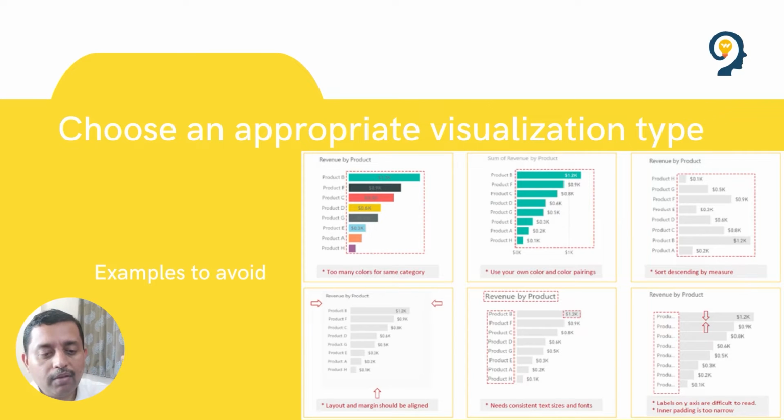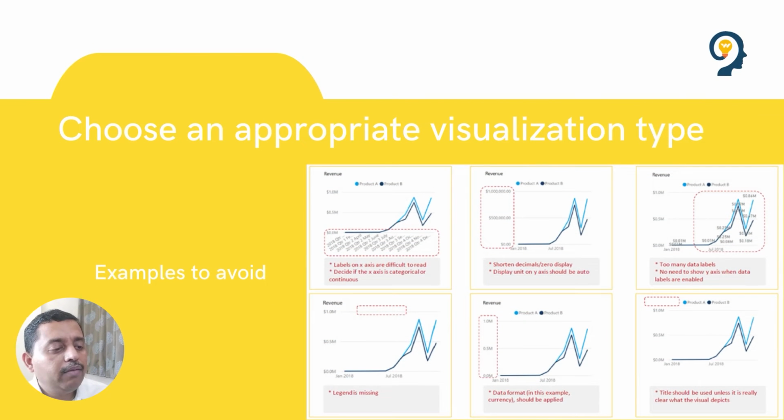These are some of the factors that we need to take care of whenever we are creating visualizations. Then we have issues with labels. You might have too many labels, or there might be no labels, and the way the x-axis, y-axis is put up. You can see challenges in all these places. These are all examples which we should be avoiding while working with data visualization.